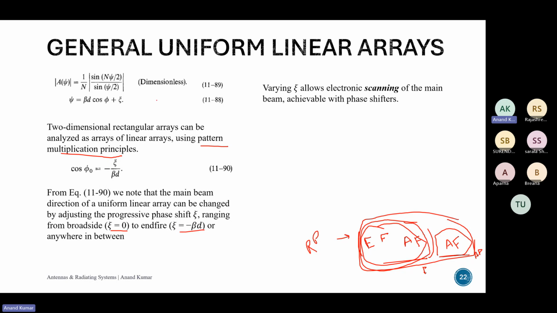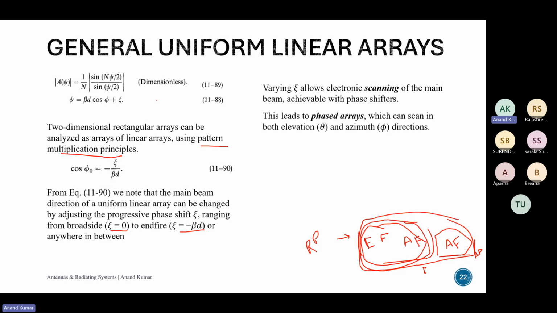Essentially, by electronically changing the phase shift using phase shifters, we can scan the main beam instead of manually or mechanically moving the antenna. We can just steer the beam without moving it mechanically, by electronically shifting the phases of the excitation of the individual elements.